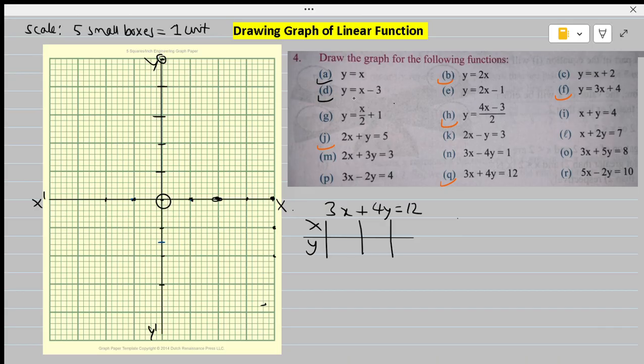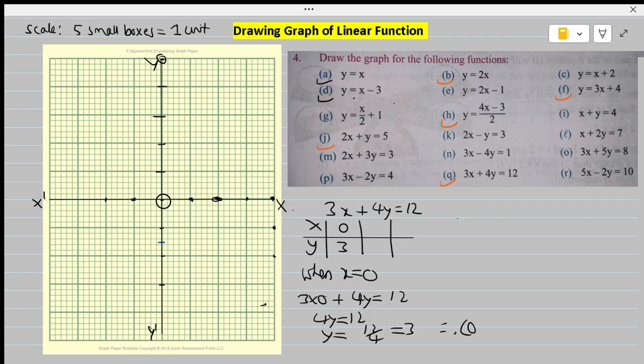So put x equal to 0 first. When x equal to 0, 3 into 0 plus 4 into y equal to 12. 3 into 0 is 0, so 4y remains. So 4y equal to 12, y equal to 12 by 4, that is 3. Therefore when x is equal to 0, we get y equal to 3. So the point is (0, 3).